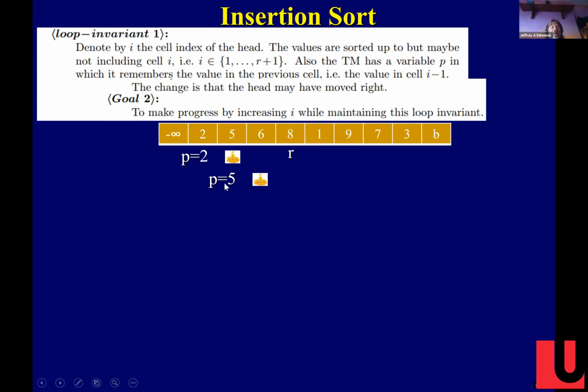So here, look, we moved I forward. And when we moved I forward, we made progress, but we also have to maintain the previous loop invariant that P is the value before the head. So here, the head was here, so P was 2. Here, the head's here, so P is 5. Everybody see that? That's what the inner loop does.